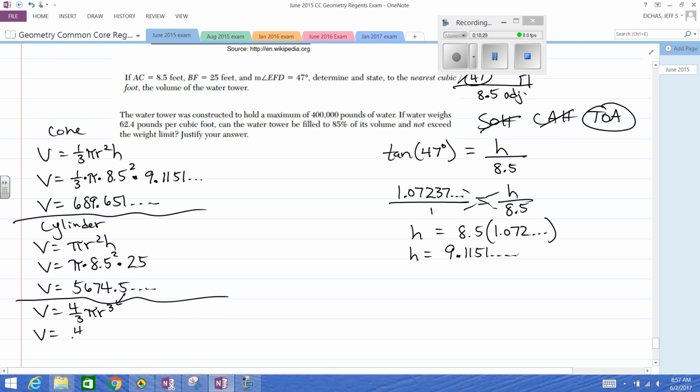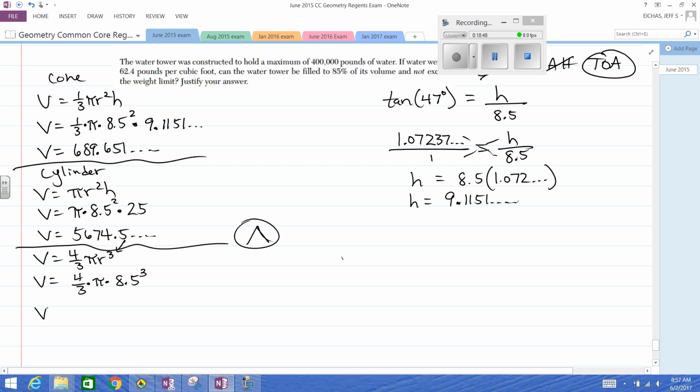So it is 4/3 times pi times 8.5 cubed. I got to use this key in your calculator. If you have, let's say you have that TI Inspire calculator, if you use this key, it'll kick you up into the exponent. If you need to come out of it ever, just right arrow key out of it. Okay, so then the volume of the full sphere, don't forget, the volume of the full sphere is 2572.44.